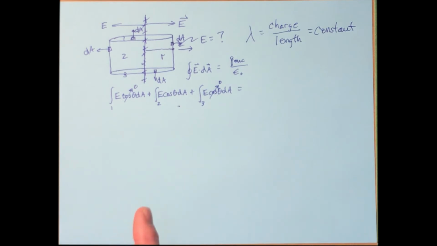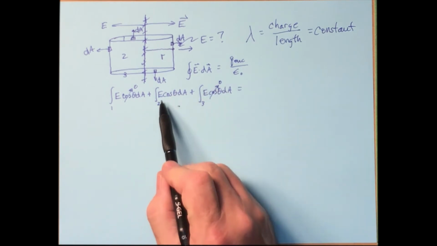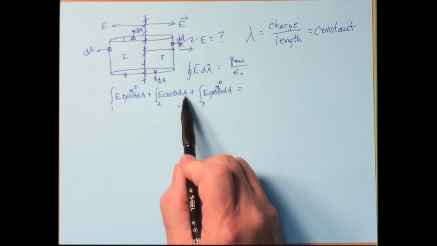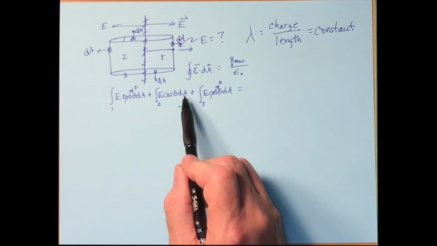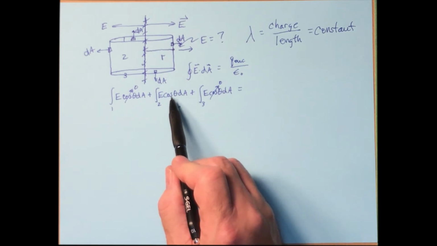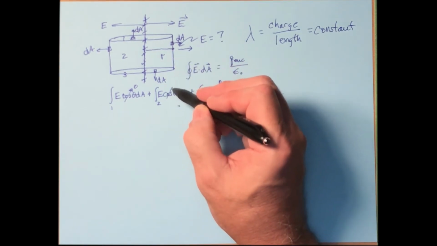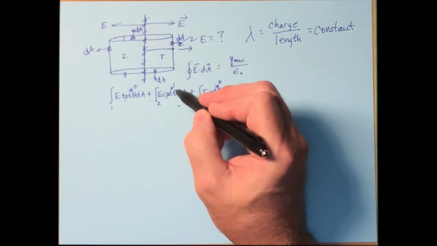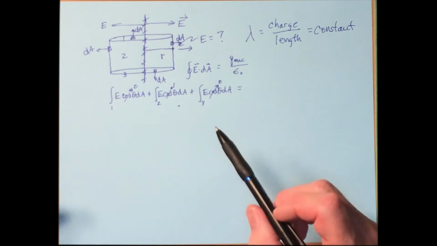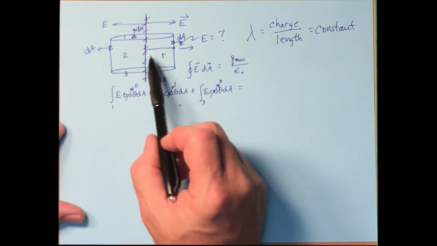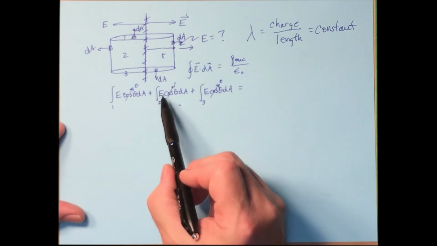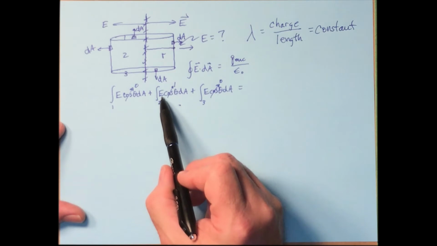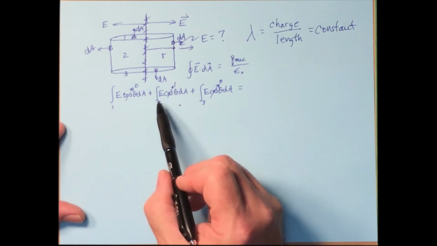So what does that mean? The angle between the E vector and the dA vector, regardless of where you're at on area 2, is going to be 0 degrees. And it's that way everywhere, so that makes this cosine term a constant, and it's just going to end up being 1 when we evaluate that, because the angle is 0. Now you ask yourself the next question: because of the symmetry of the way that we put in our Gaussian surface, E is constant at every point on area 2. Why is that?